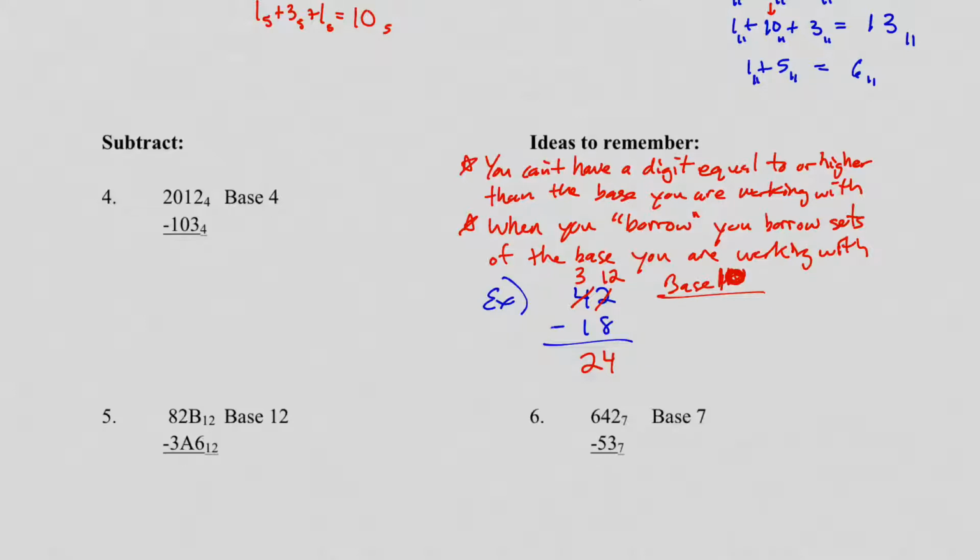Okay, so in base 10, that's how it works. And so what we just did was borrow one set of tens, okay? And that's what we're going to do in these other bases.